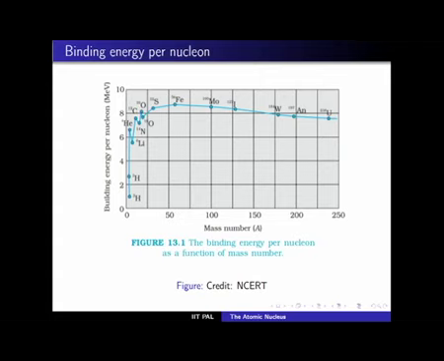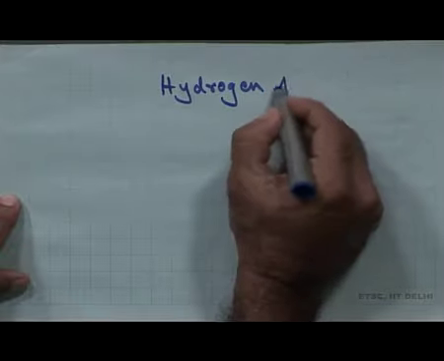Now what is the binding energy? Binding energy is a rather complicated concept, because suppose you give me a nucleus, or for that matter, suppose you give me an atom, what is it that we do? This is a very interesting exercise that you can do. So let us start with the hydrogen atom.